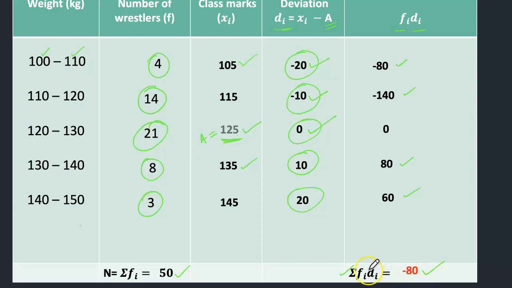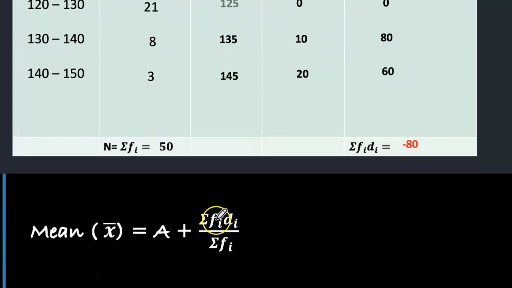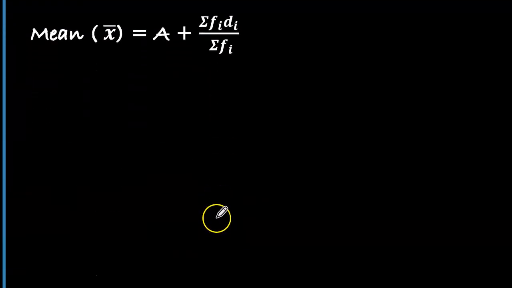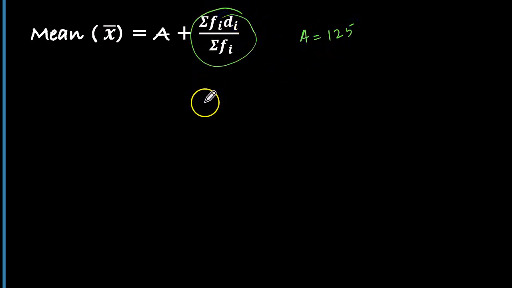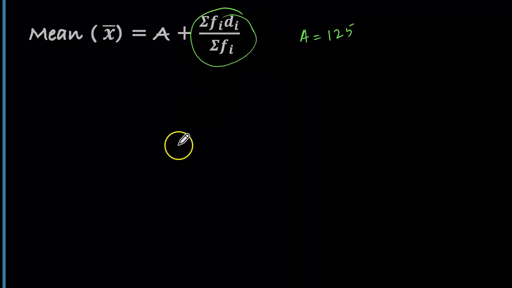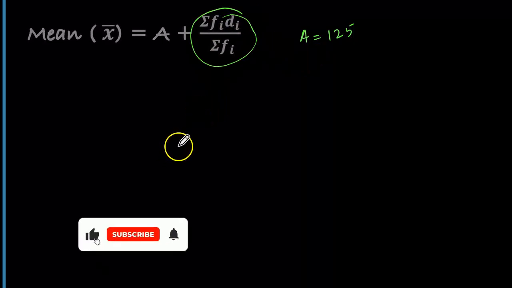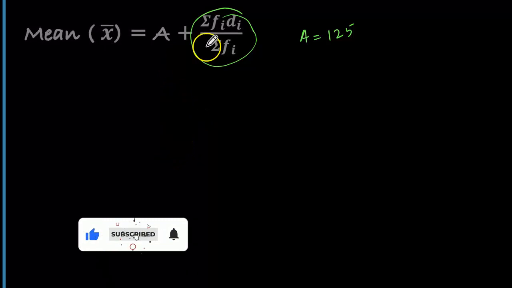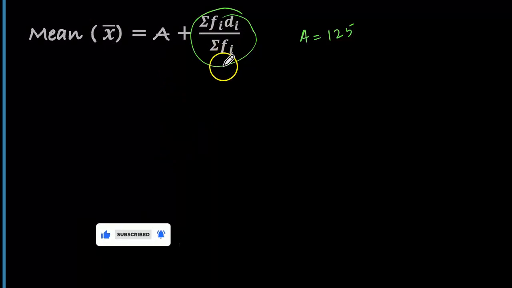Now we have to use the formula. Mean equals a plus sigma fi di by sigma fi. We already took a as 125. So we write x bar equals a plus sigma fi di by sigma fi.